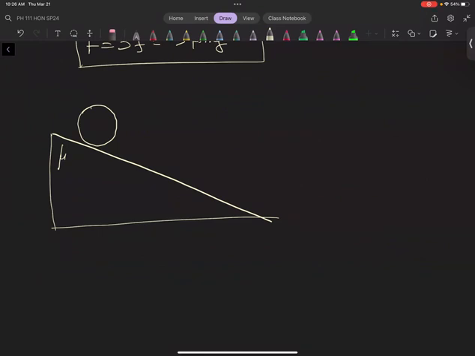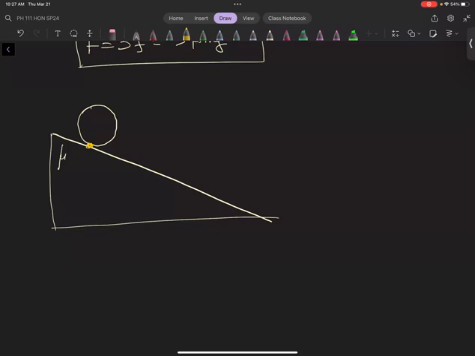So this disk goes down the plane with no skidding. Yes, it's the same question as before. Identical. I'm going to choose, because I prefer this, the ground again. And you will see why I prefer the ground a bit later.